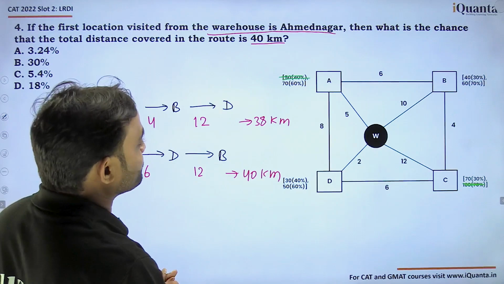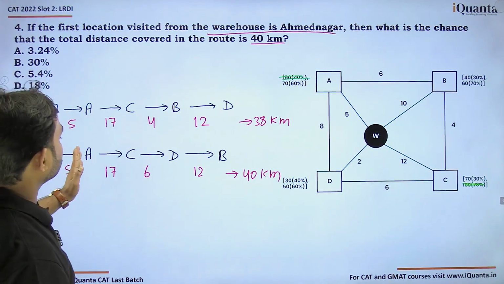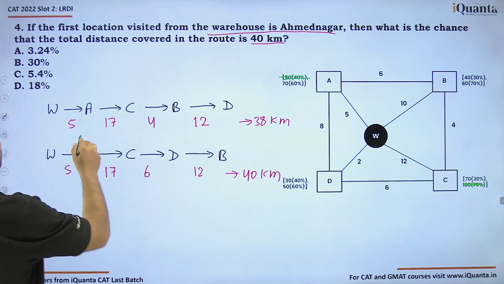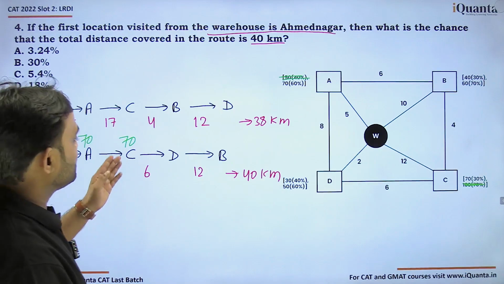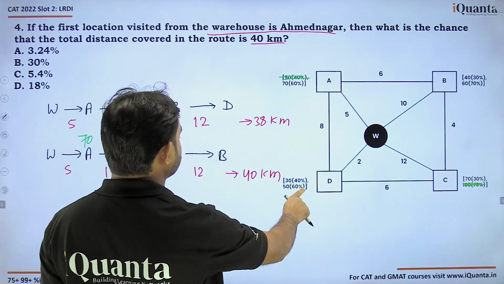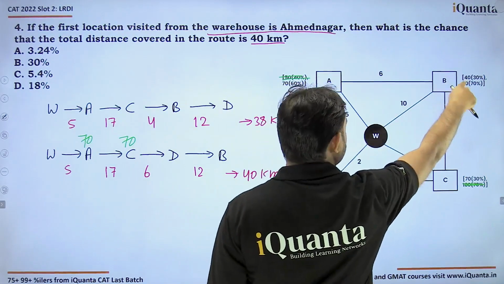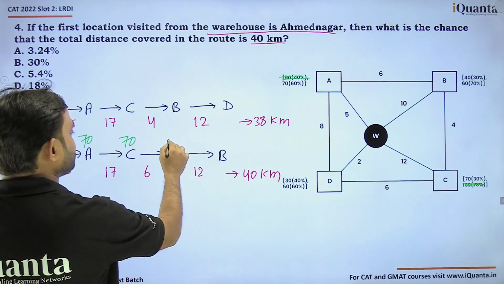So first we need to figure out what the demands will be. At W to A to C, the demand must be 70 here, then D, then B. If I take 30 at D, it's not possible because at B the value should be lower than or equal to 30. So this must be 50.